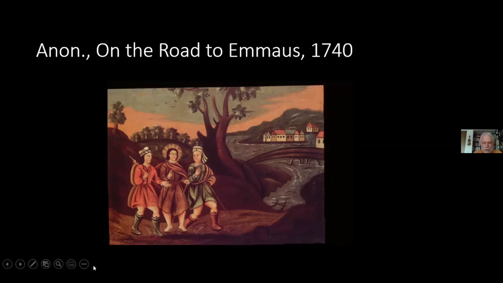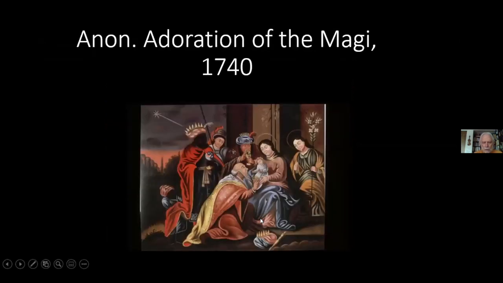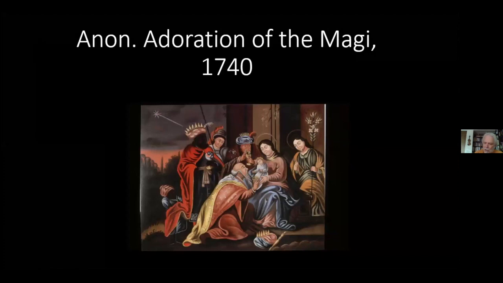This one being On the Road to Emmaus. And then the next one being the Adoration of the Magi. Same area, possibly the same artist, and a very recognizable traditional subject matter, including the fact that this artist was taking one side of a tradition which represents one of the Magi as a black man.